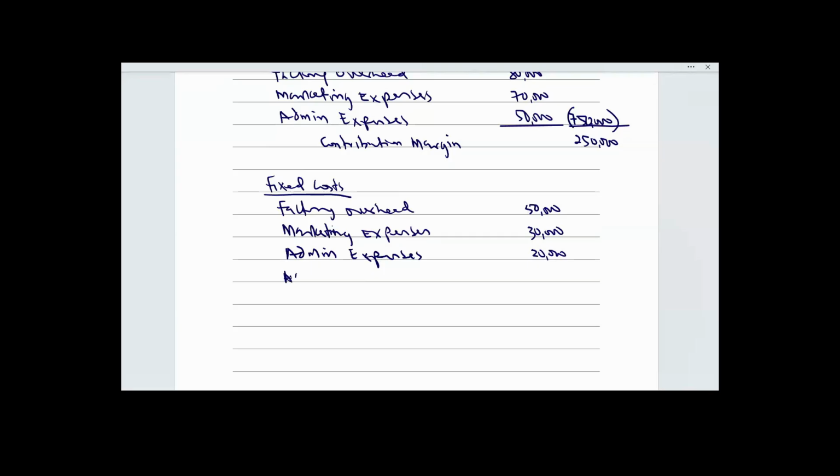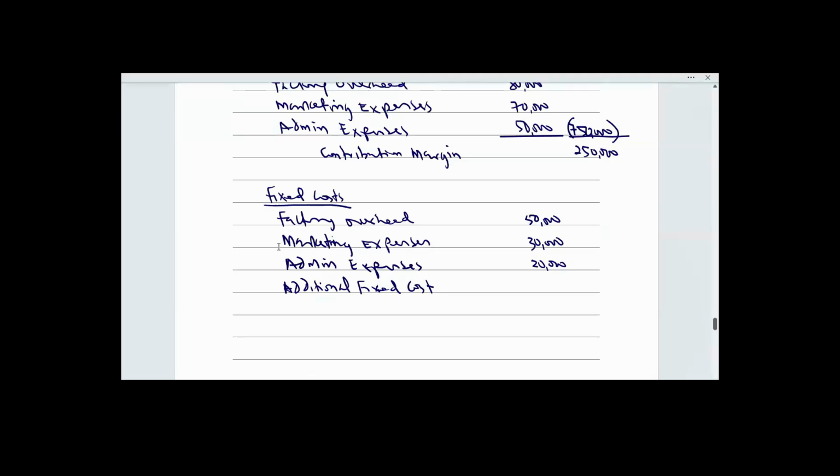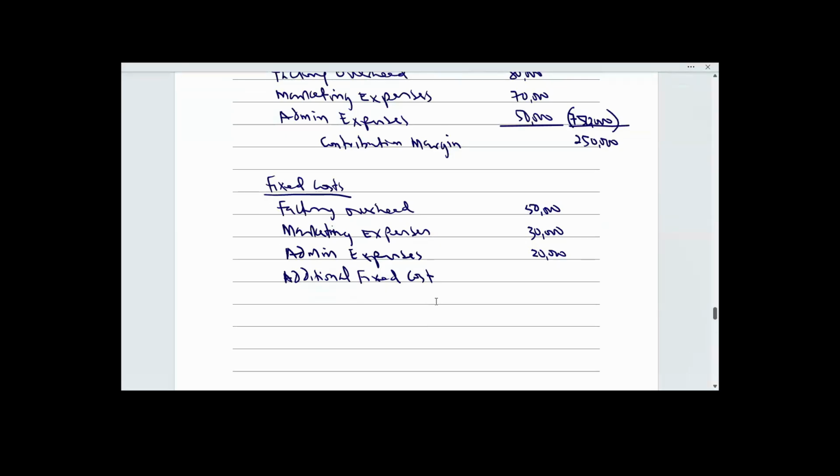You are now told that fixed cost will increase by 25,000 naira. Additional fixed cost. Did the examiner mention what they are going to spend the 25,000 on? Let me check. Okay, we are not told. We are just told additional fixed cost.